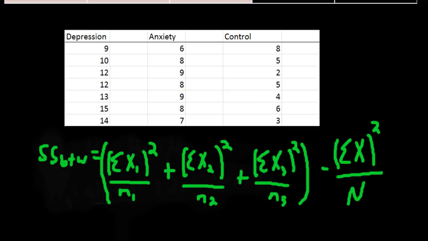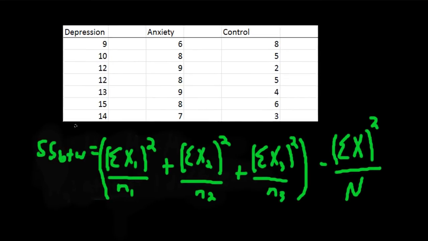Alright, so here first we'll need to add up all the scores in each group or each condition. So first we'll get sum of x for group 1, and that will add up to 85. And we'll get sum of x for group 2, which adds up to 55. And then sum of x for group 3, which adds up to 33.